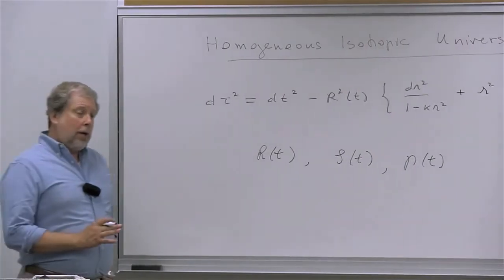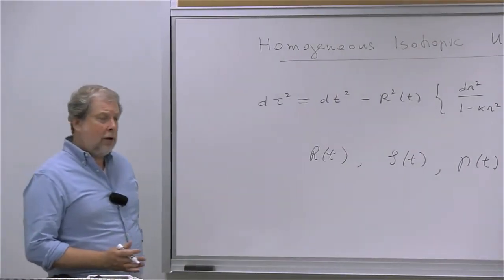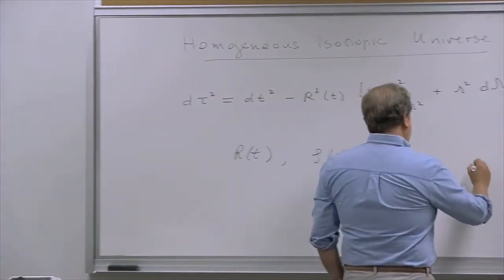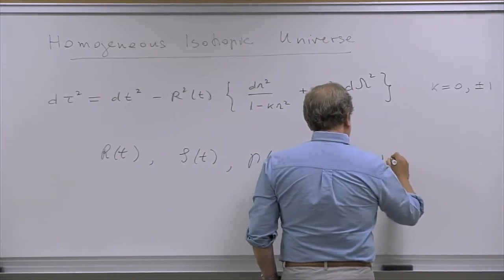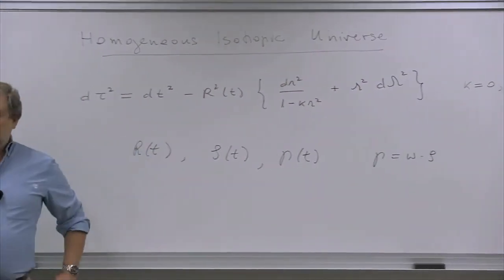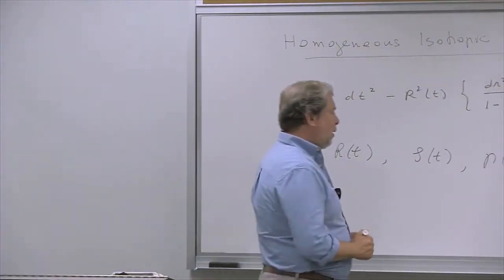So we are going to end up with what look like 3 equations for 3 functions, but in fact it's just 2 equations for 2 functions, because generally the pressure P is some w times rho. In other words, it is given by some equation of state, and we'll come back to that in a moment.